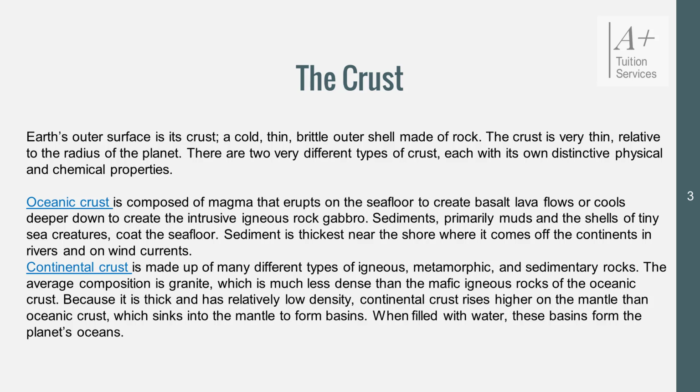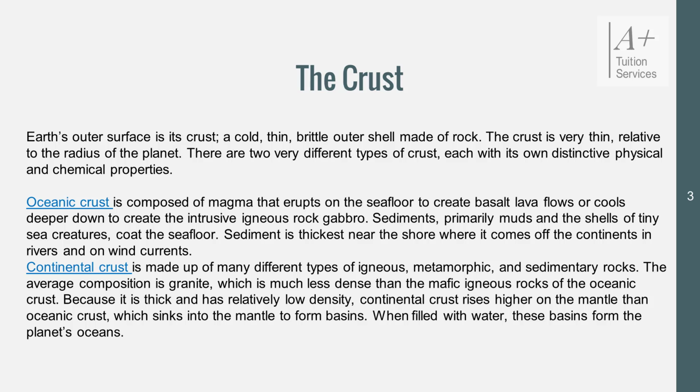Sediment is thickest near the shore, when it comes off the continents, rivers, and on wind currents. So when we say near the shore, like if you go to the beach, you find it a lot. You see the sand on the beach, that is a sediment deposit. The oceanic crust is in essence all the oceans and seas that make up the earth's surface.